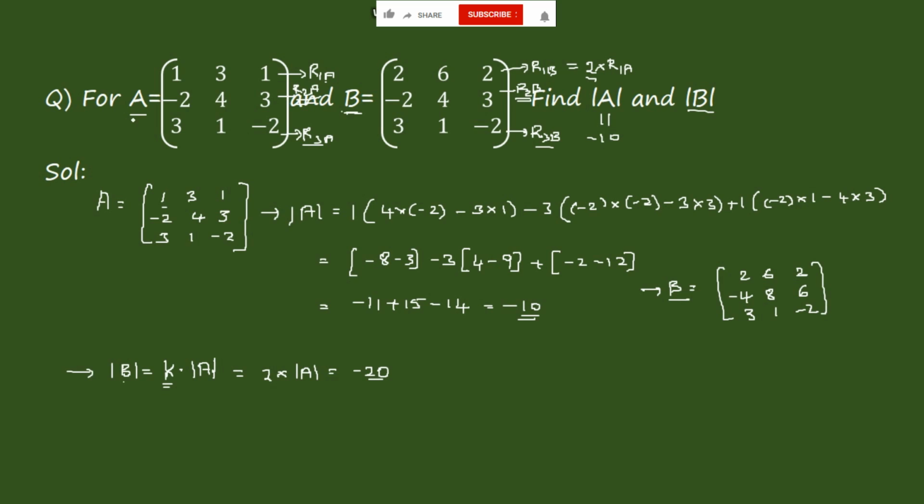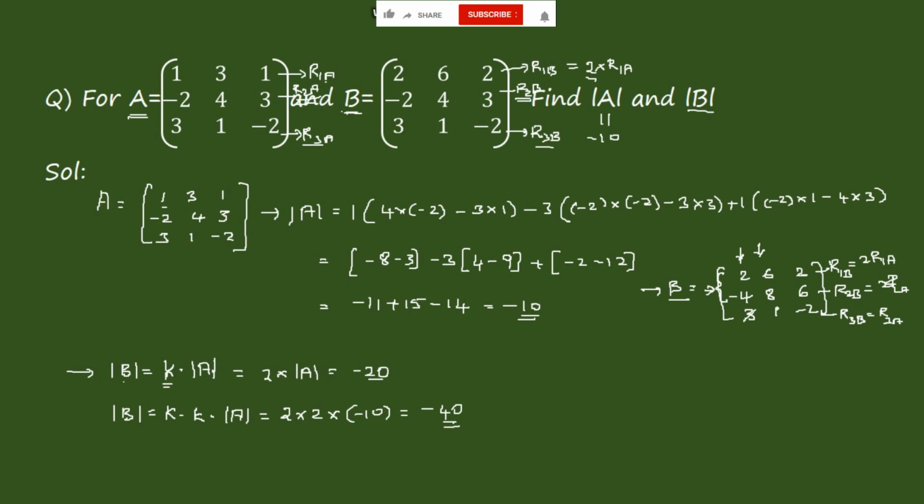Here matrix B and matrix A are the same, but row 1 of B is 2 times row 1 of A, and row 2 of B is 2 times row 2 of A. Row 3 of B is equal to row 3 of A. In this case, it has been multiplied 2 times in two rows, or similarly if multiplied in columns, the determinant of B is k into k into the determinant of A, which is 2 into 2 into -10, so you get -40.